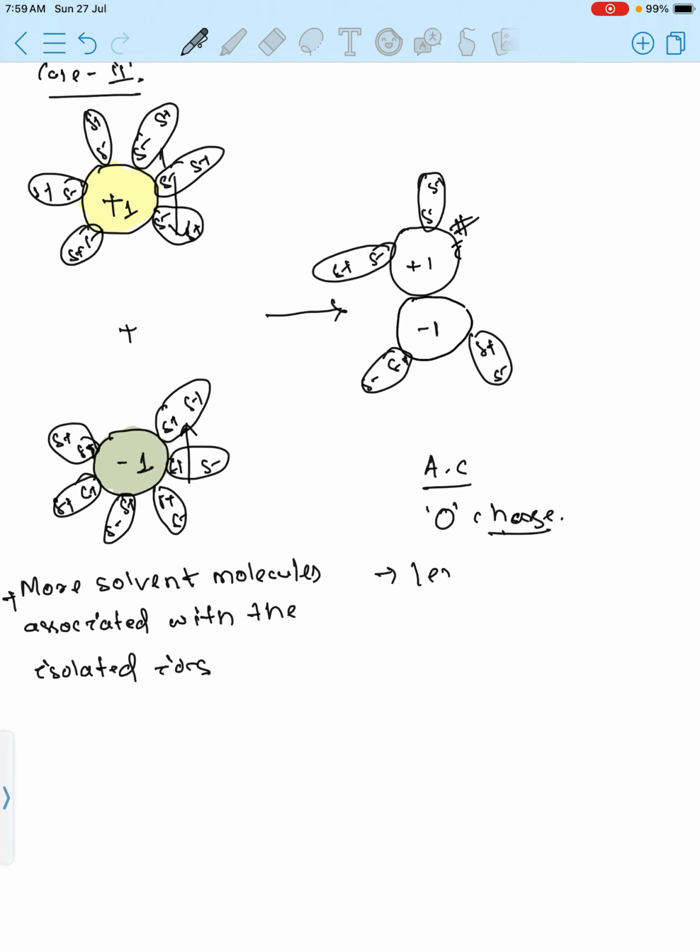Here fewer solvent molecules are associated with the activated complex.